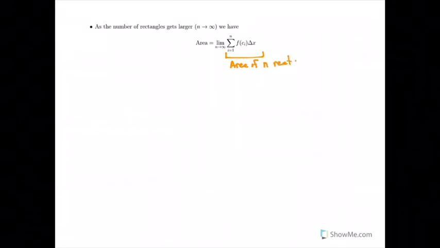Instead of thinking about just a value of n, if we let n get bigger and bigger, this is not just approximately equal. As n goes to infinity, the approximation changes to an equal sign. And that is the whole point of this calculus concept.